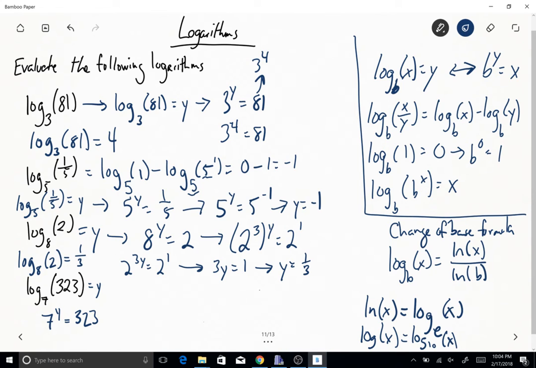So we'll write log base 7 of 323 as equal to the natural log of x divided by the natural log of b. Oh, I'm sorry. So what's x and what's b is kind of the key question. Well, x is now 323, and your b is now 7.